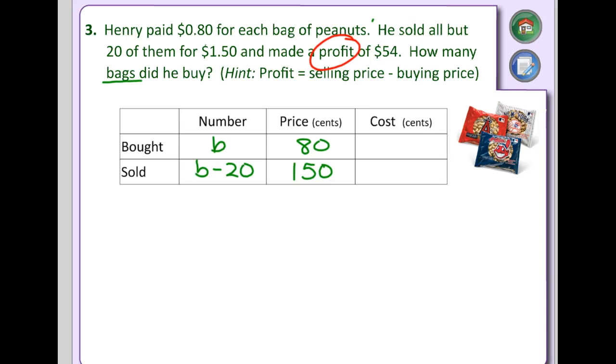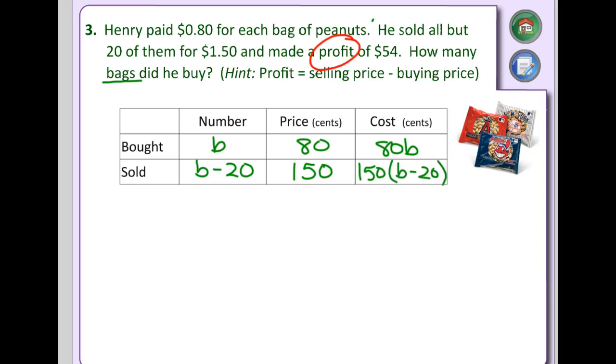Good. Now, once again, to get total cost, we multiply across. So bags bought, he bought them for 80 cents a piece. Okay. Bags sold, he sold them for a little bit more. We got to make some profit on this deal. So B minus 20.